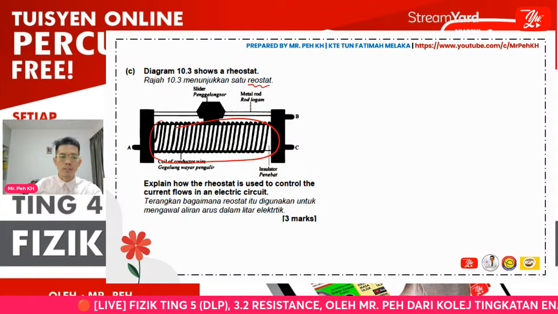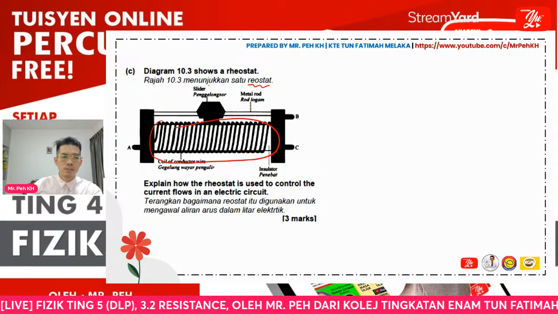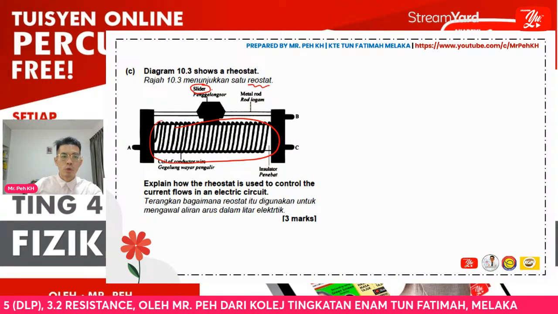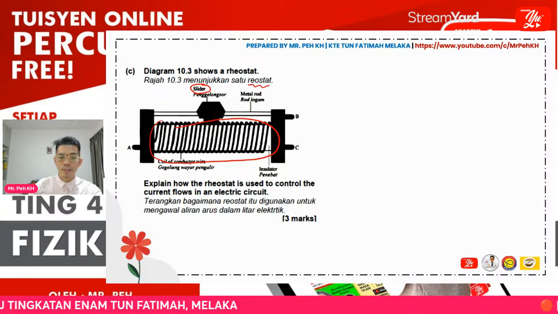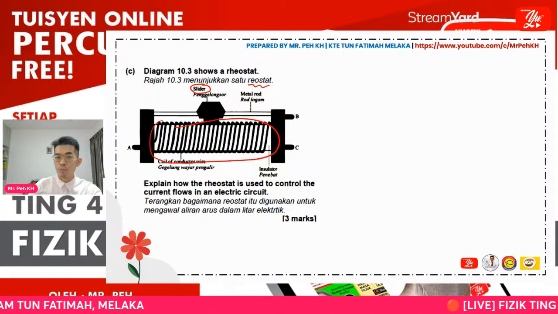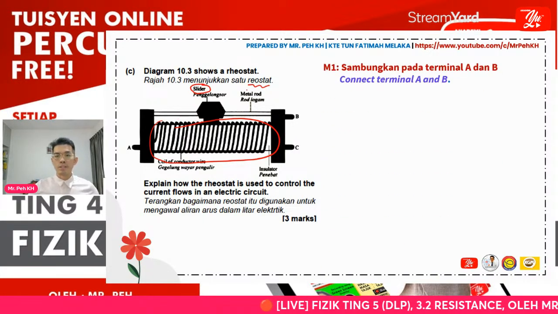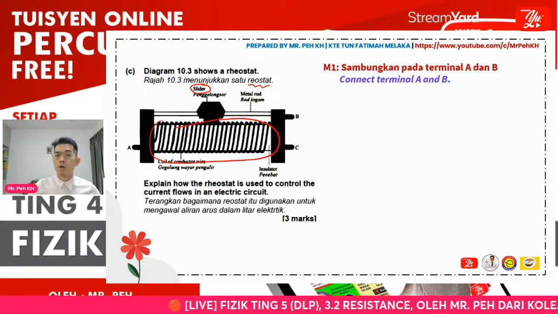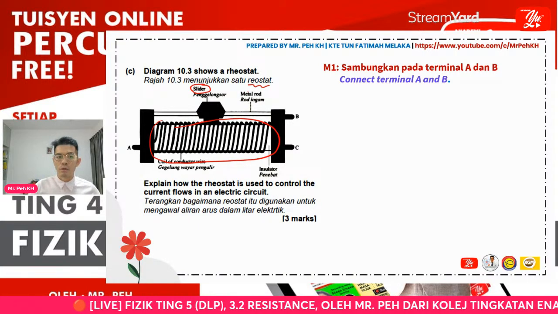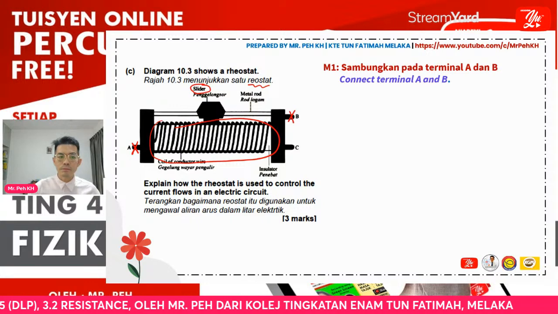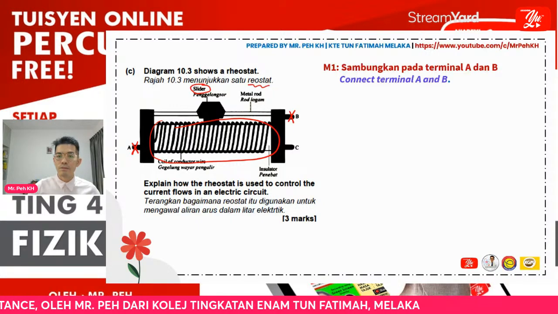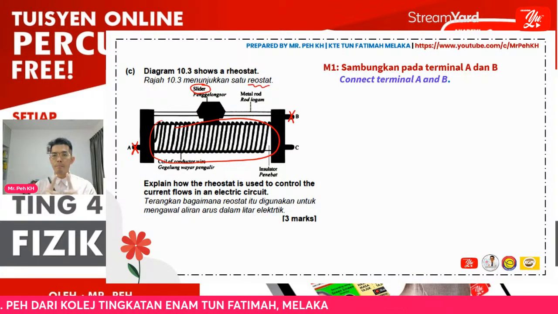When the slider shows a longer length of wire, the resistance value will be higher. Firstly, you connect the crocodile clips to the rheostat at A and B, so that they give different lengths.